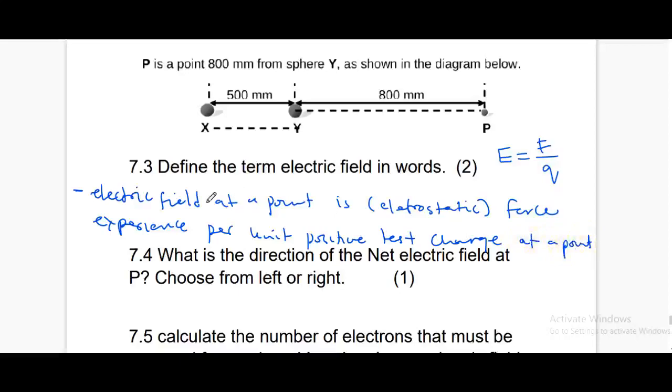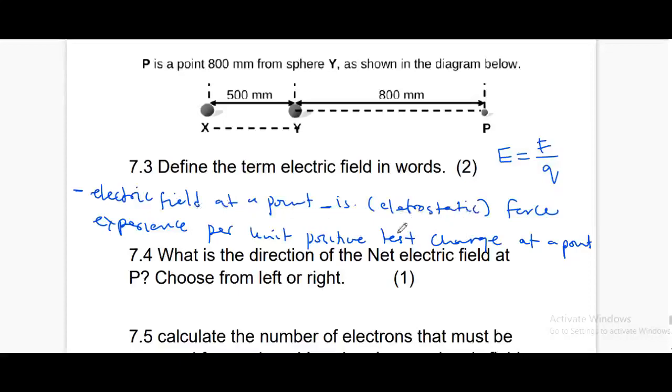Okay, so let's say you started here: electric field at a point.